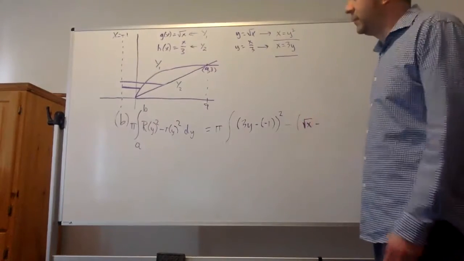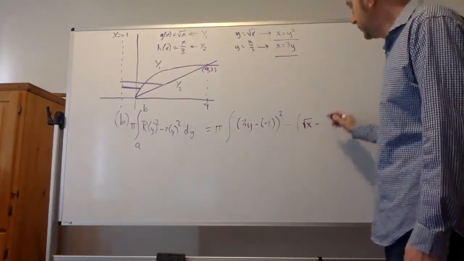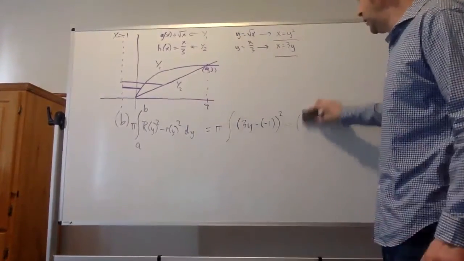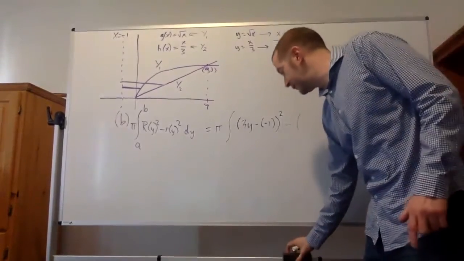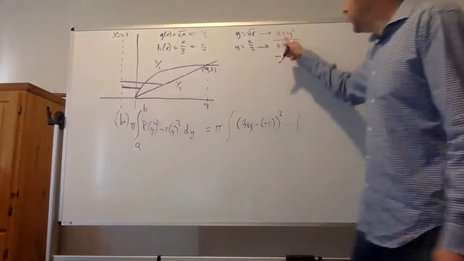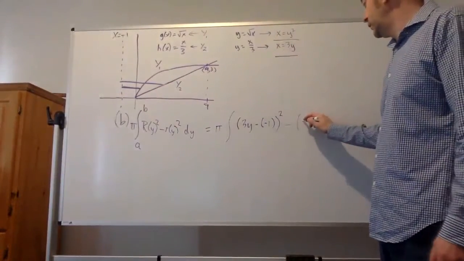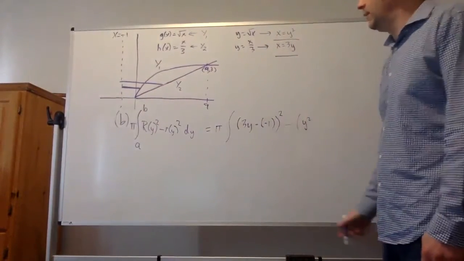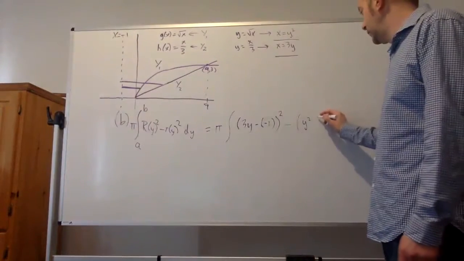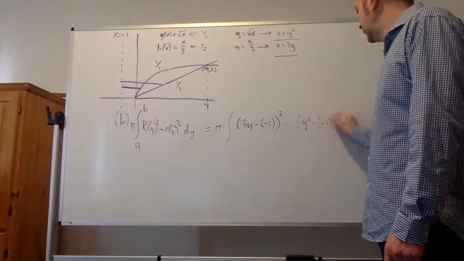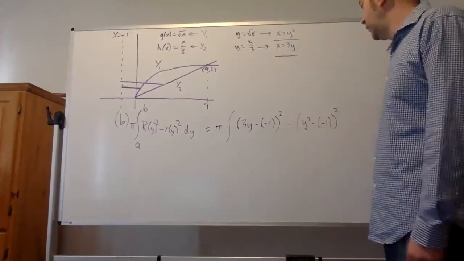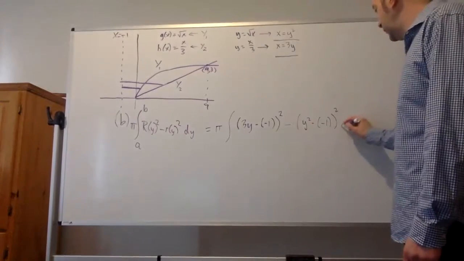I'm going to subtract the left curve, which is, oh, I did that wrong. Got to write everything in terms of y. Try that again. So my right curve here is x equals y squared, and my left curve right here is x equals -1. So I did right minus left, and I squared it. This whole thing is dy.